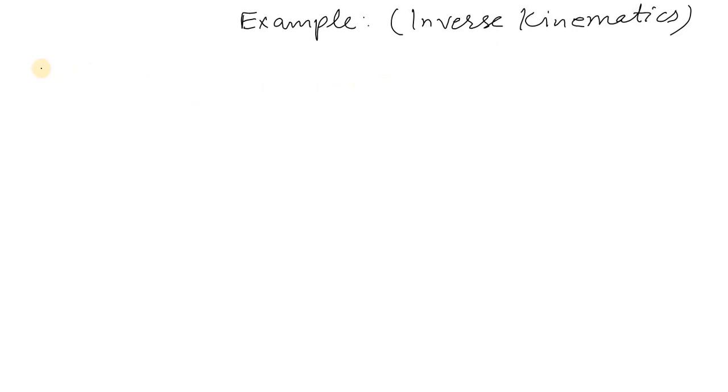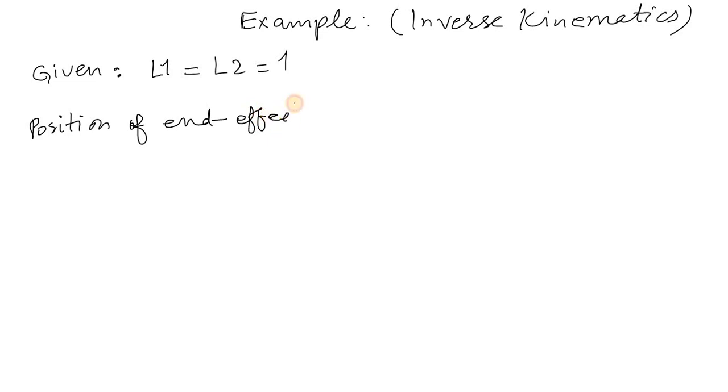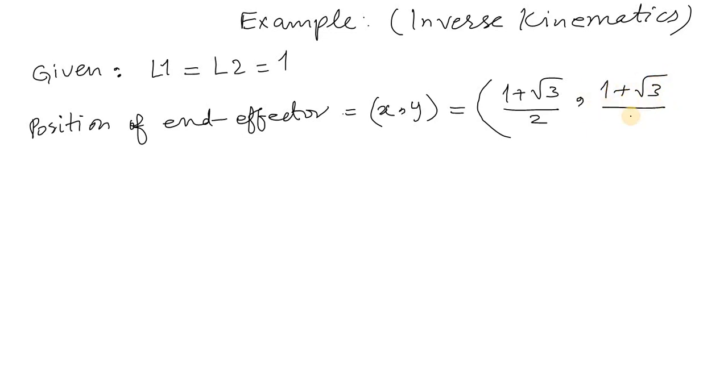Okay, so what we have given is, we have L1 is equal to L2 is equal to 1, and the position of your end effector xy is equal to 1 plus under root 3 divided by 2, 1 plus under root 3 divided by 2.